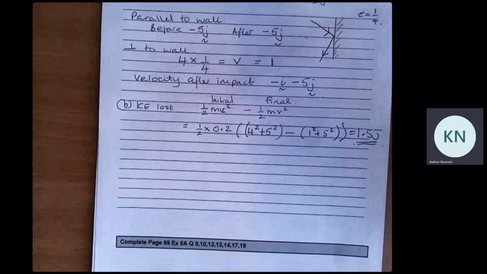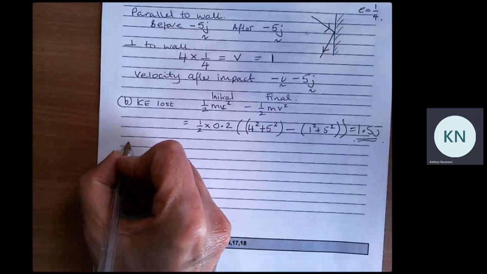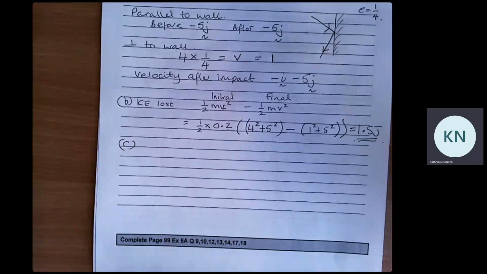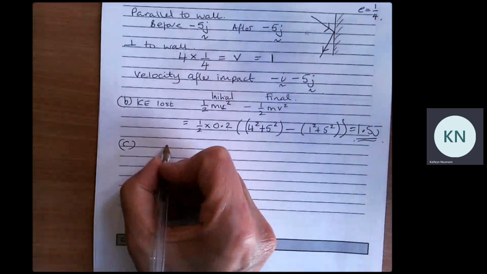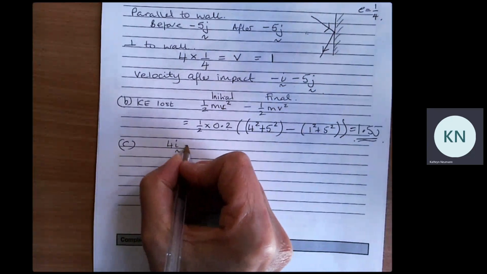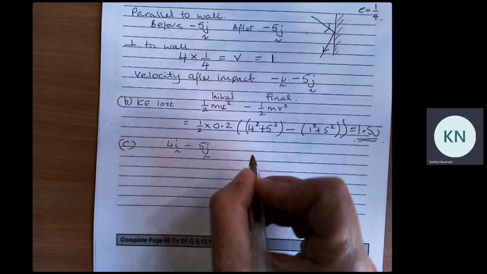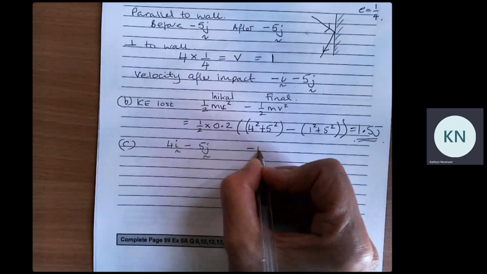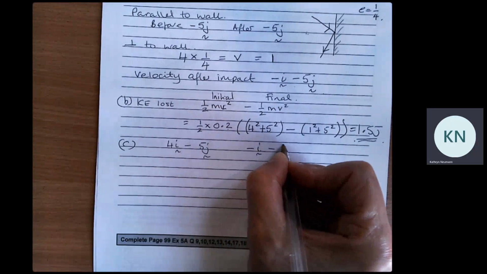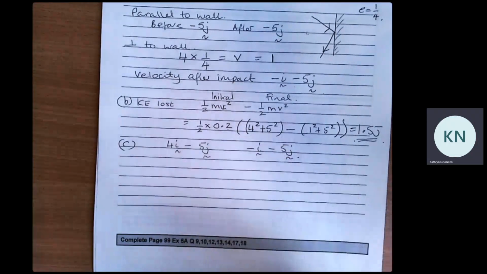Now, part C asks for the angle of deflection of the sphere. So we need to use the scalar product for this. What we've got is the incoming velocity is 4i minus 5j, and then the outgoing velocity is minus i minus 5j. And we want to find the angle between those two vectors.